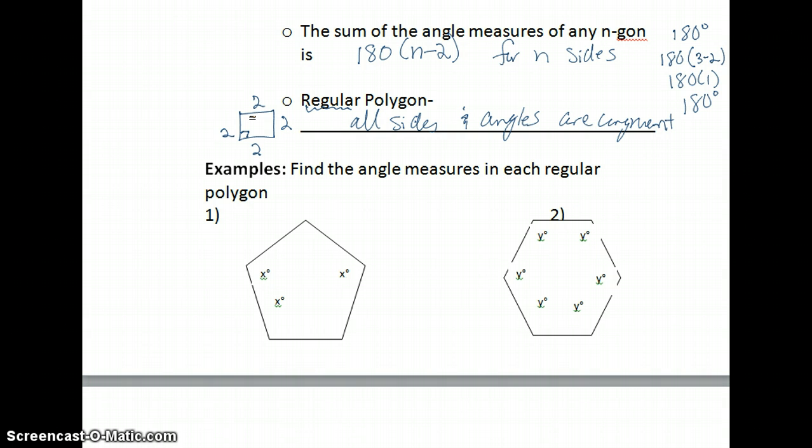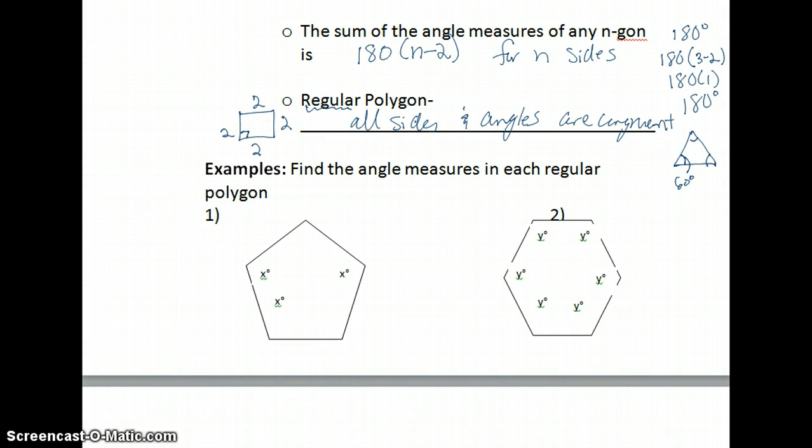All the sides are equal, all the angles are congruent. If you're looking at a regular triangle, one that we've seen before, if we want to make it regular, each of these angles must be 60 degrees.